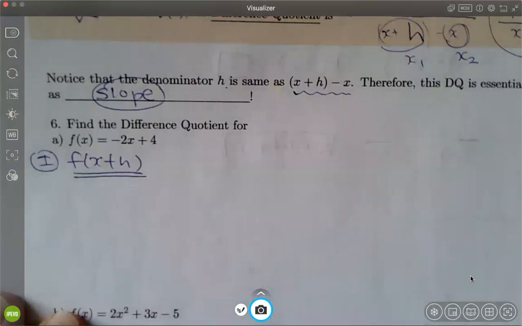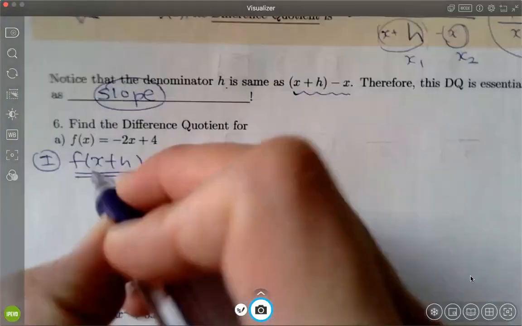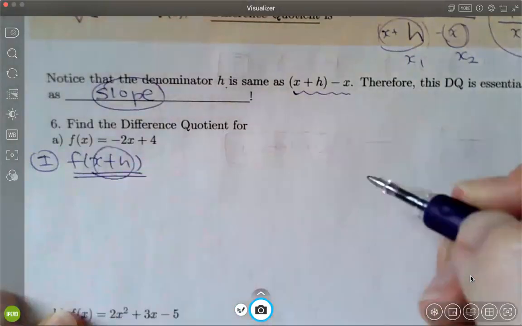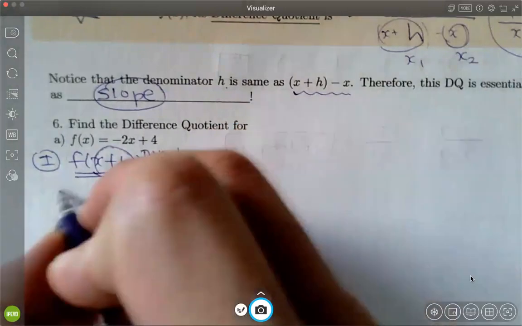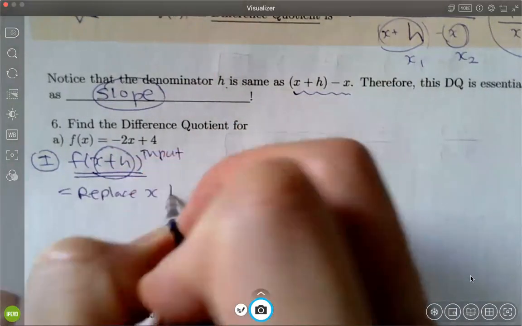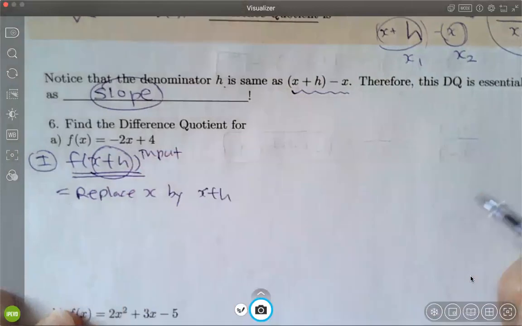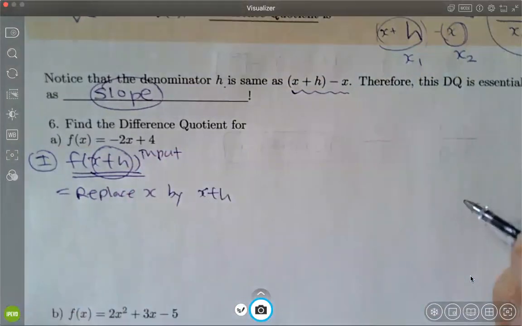So here, what's the input? The thing that needs to be plugged into x. That whole thing, right? Okay, so that's the input. So we replace x by x plus h, right? So what do you get? -2 stays the same.